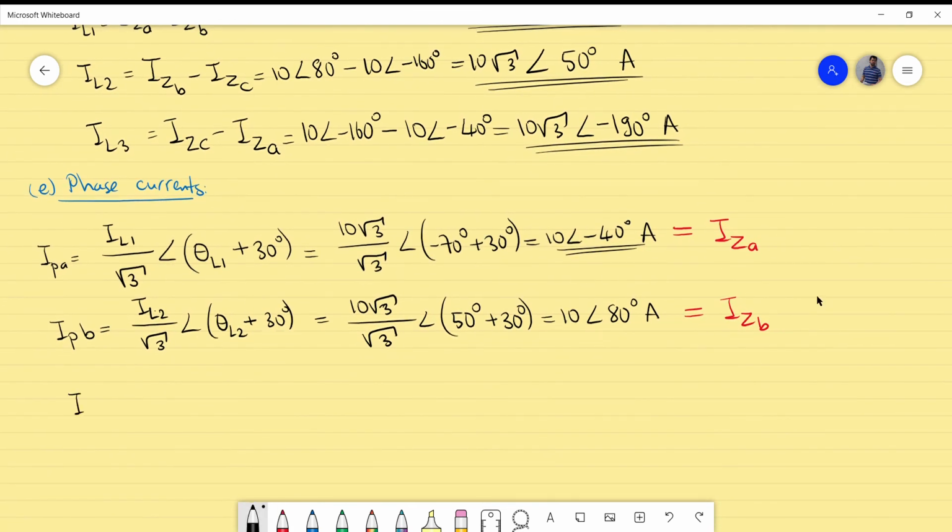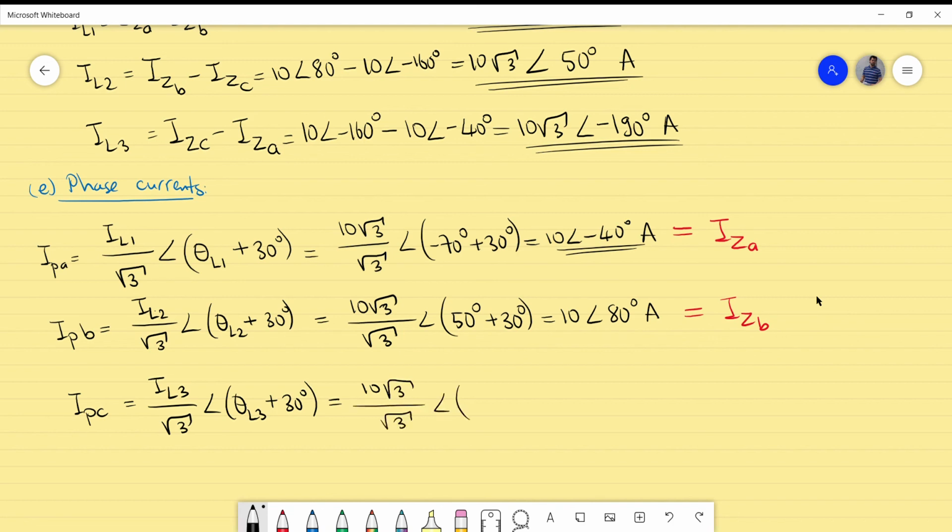So the phase current C, which is the last one, will be IL3 divided by the square root of 3, that's just a factor, and then theta sub L3 plus again 30 degrees, and you will have 10 times square root of 3 divided by square root of 3.